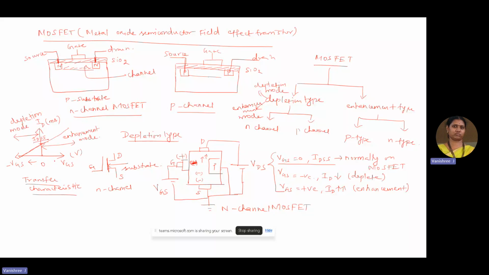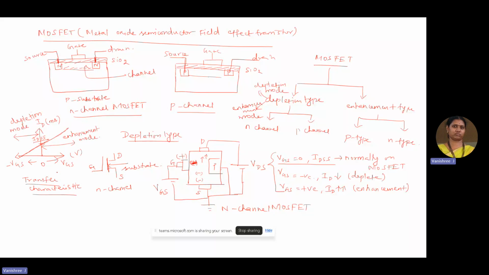For positive gate voltage, there is a steep rise in the drain current starting from IDSS until it reaches the maximum value, increasing with the increase in the gate source voltage in the positive manner. Similarly, if the gate source voltage is negative, then the drain current reduces from this IDSS and gets gradually reduced as the gate source voltage becomes more and more negative. So this is called the transfer characteristics.